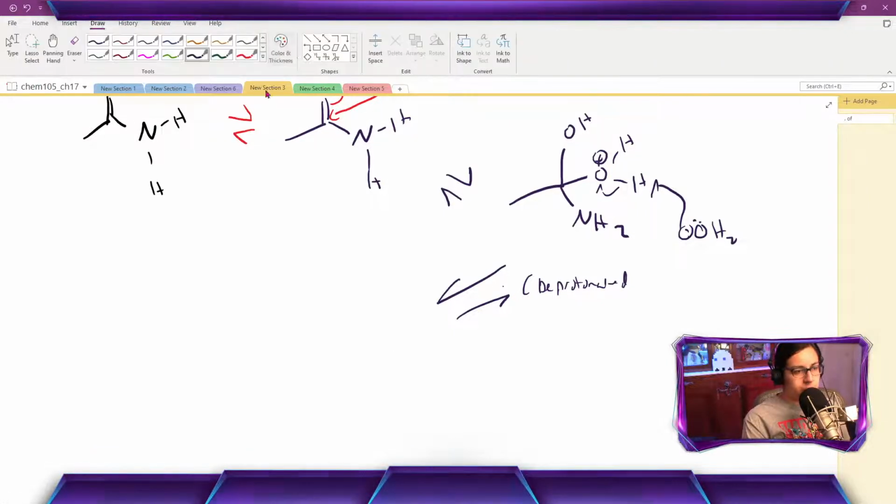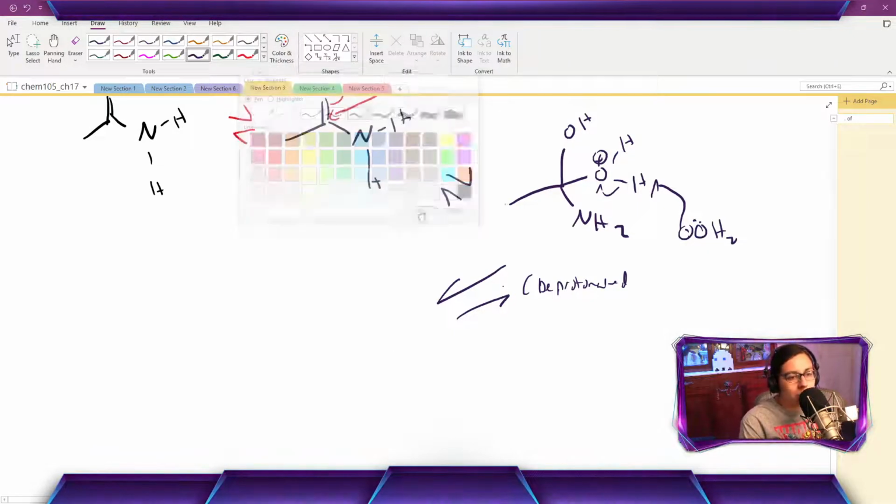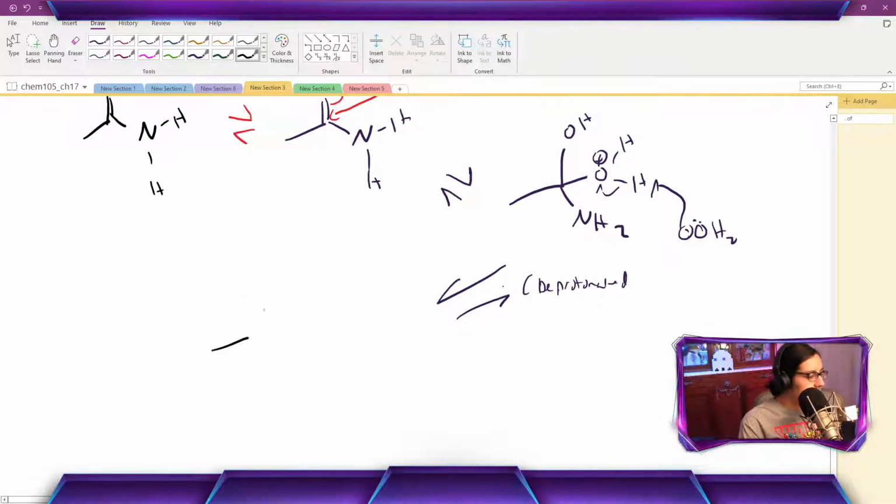So let's draw that. So OH. Now this is an OH2. We have our amine. Now the next step, we could protonate our nitrogen.